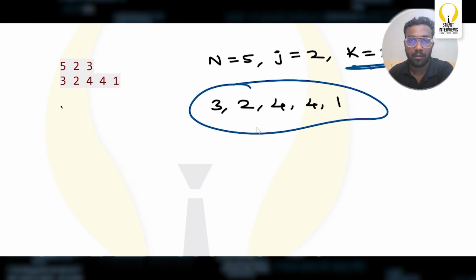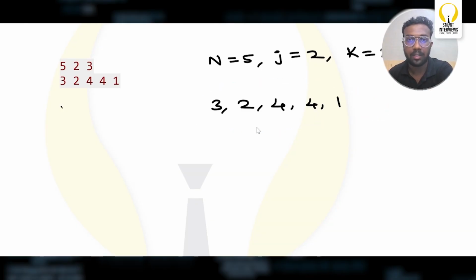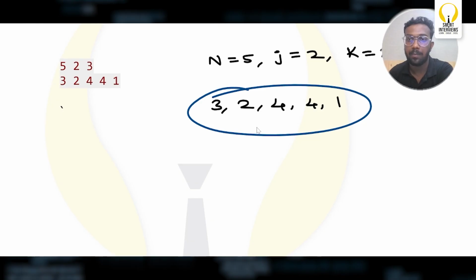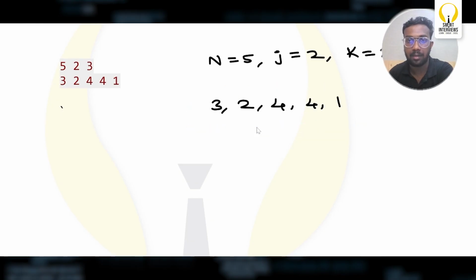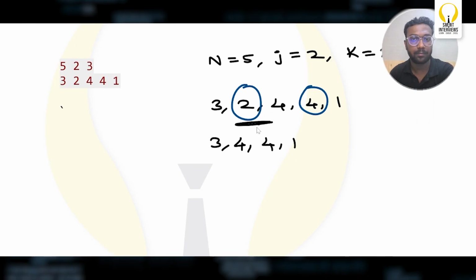See, k equal to 3 and more than 3 players are remaining here. While more than 3 players are remaining, 2 players are chosen at random. Let's say I'll pick 2 and 4. Out of those 2 players, the one with the minimum strength is eliminated. Here, since 2 is the minimum, 2 will be eliminated and 4 stays as it is. So the array will be formed as 3, 4, 4, 1. 2 has been eliminated here, right?